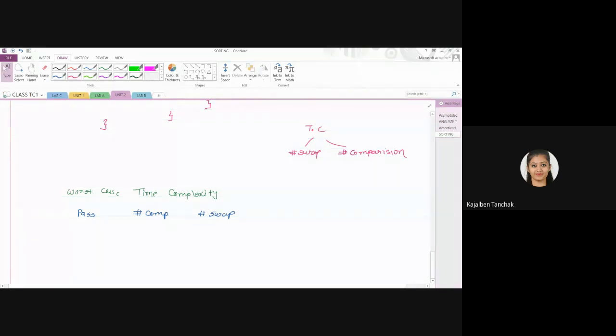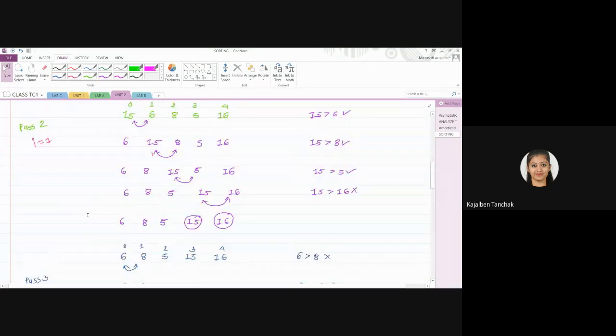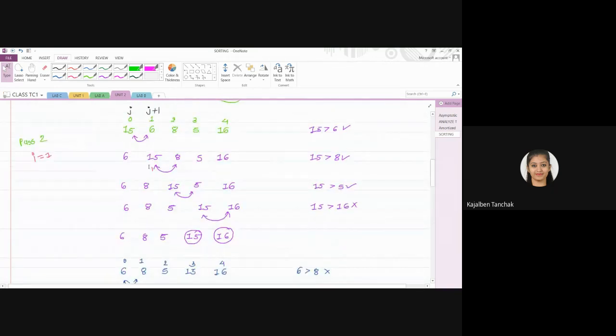Okay, so take the same example. Pass number 1. So how many comparisons have we made in pass 1? In pass 1, how many comparisons have we made?